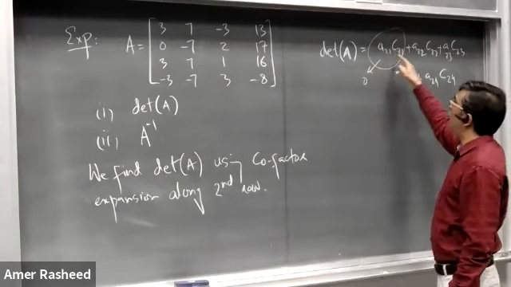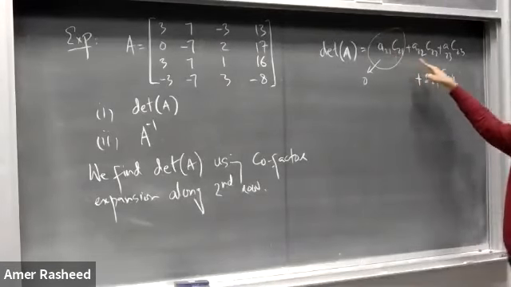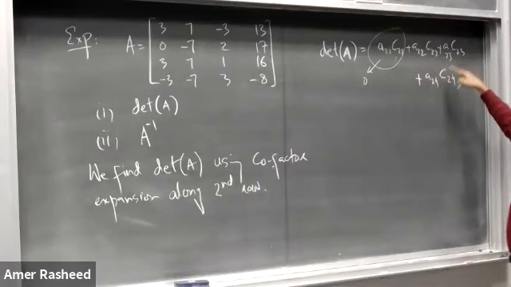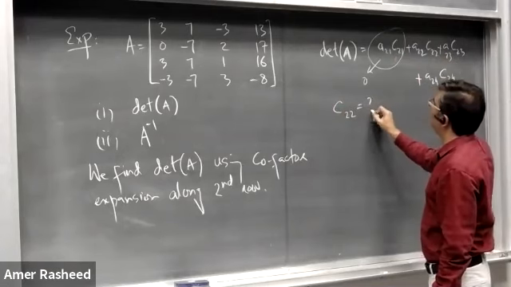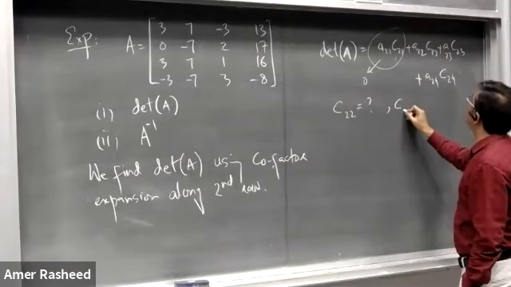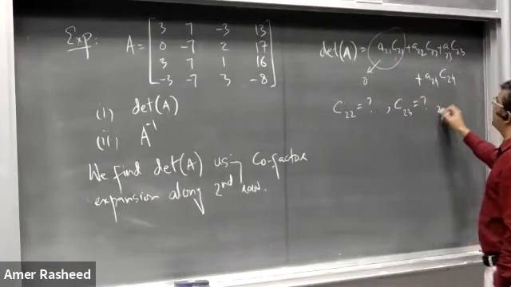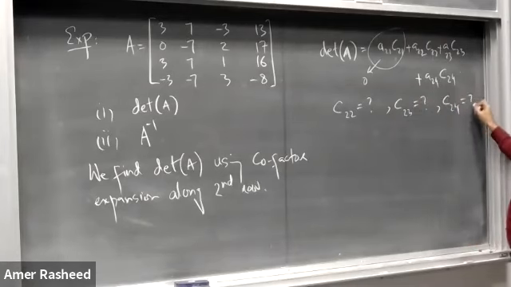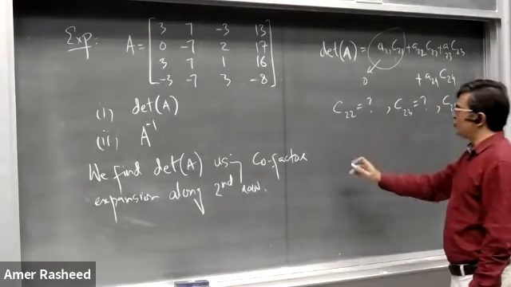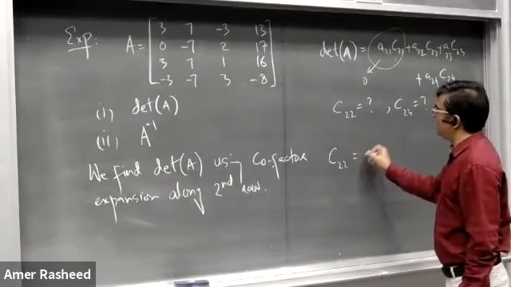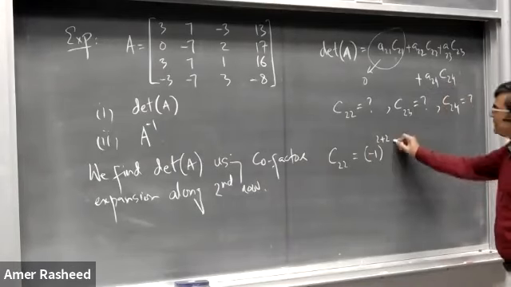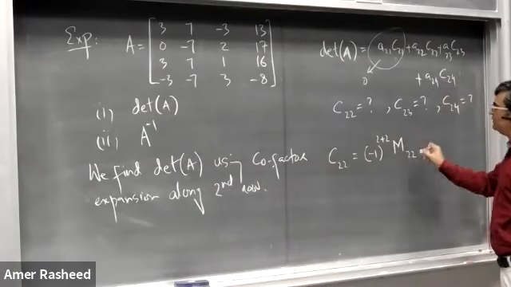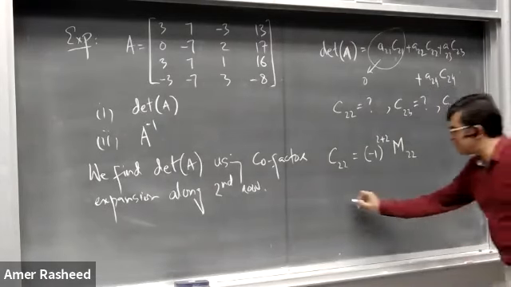Now, what we are going to calculate, C22, C23, C24. We need to compute these. Now, let me write C22. C22 is nothing but negative 1 raised to power 2 plus 2 times M22. Now, what is your M22?